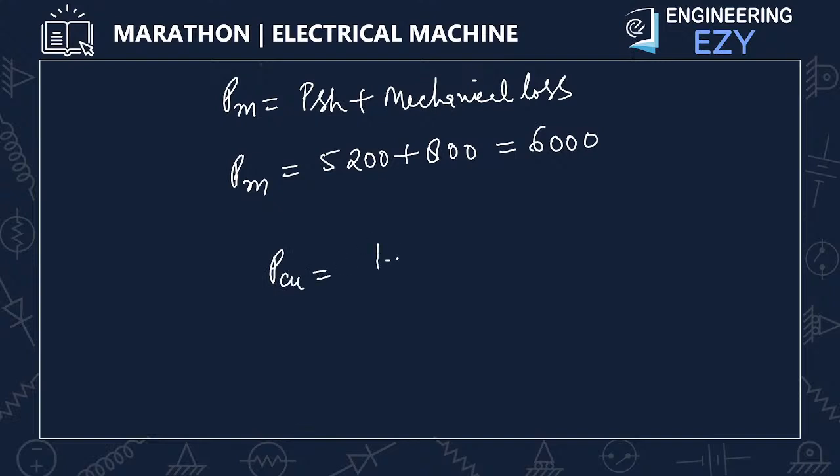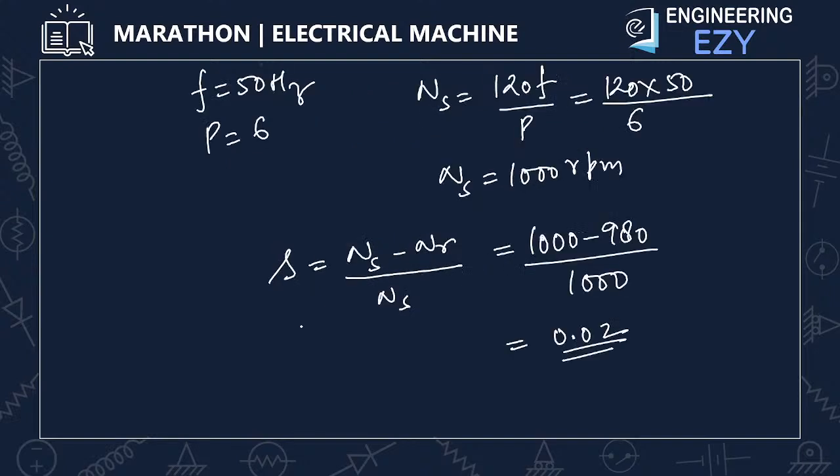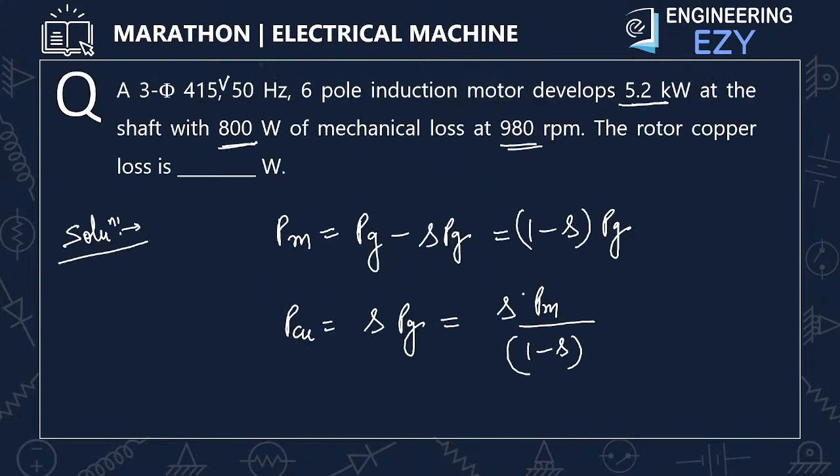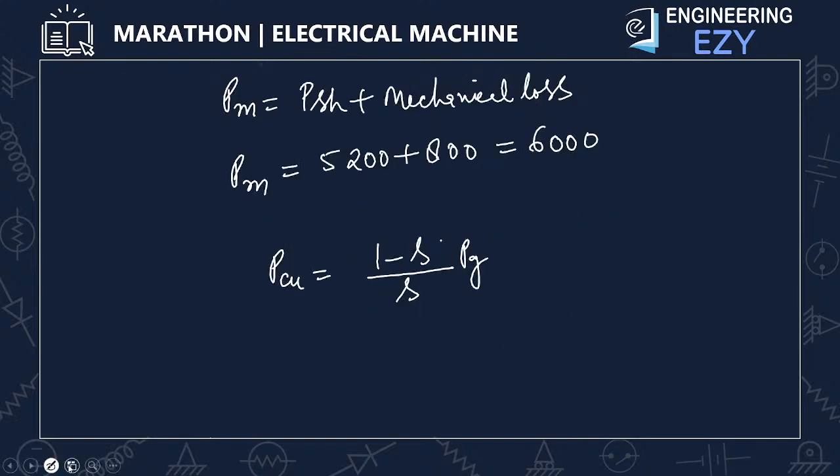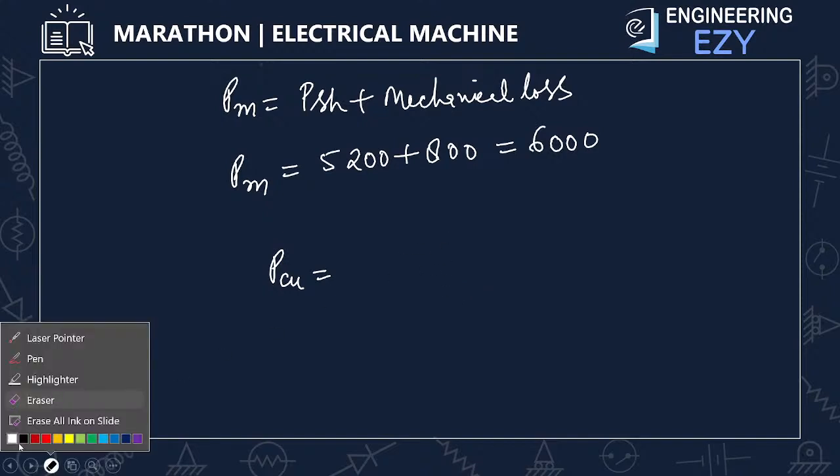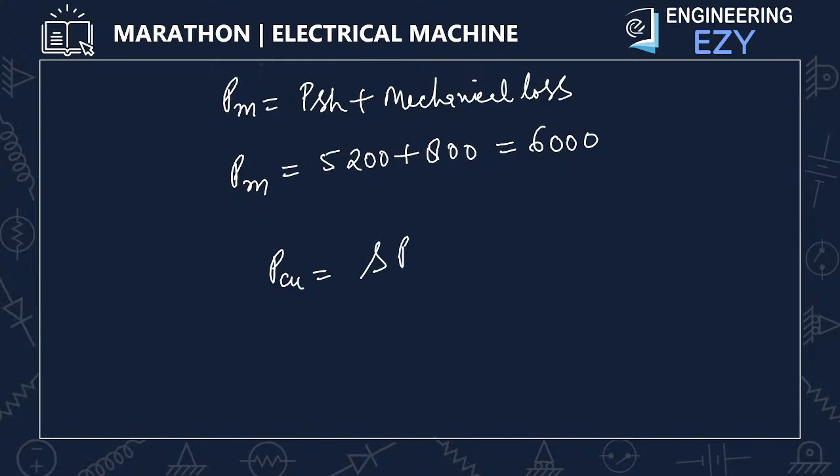So rotor copper loss is S PM upon (1 minus S).